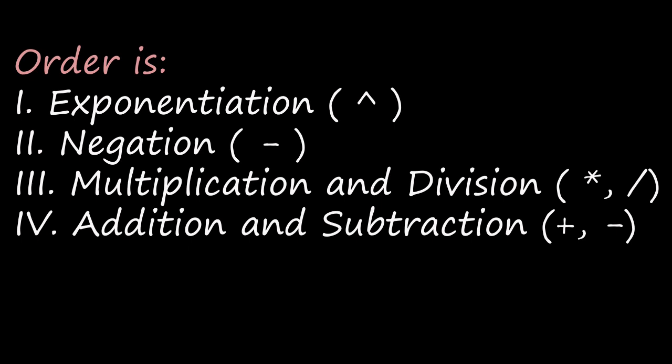This applies if you are not giving any bracket, you are just giving the operators. Arithmetic operators means if there are exponential, addition, subtraction, multiplication, division, negation symbols, first exponential will be calculated, and then negation, and then multiplication and division, and then addition and subtraction, right?